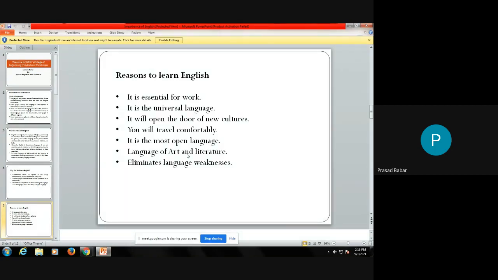It is the universal language. The second reason is that it is a universal language, because English is spoken all over the world. Okay, so that is why it became the universal language of the world.